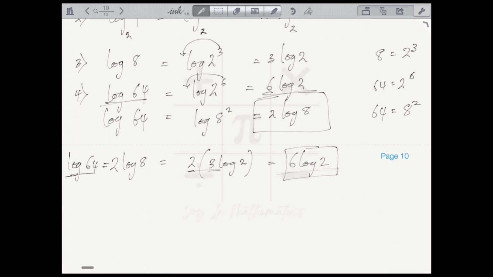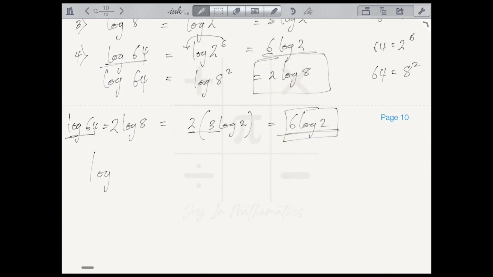Alright, so what if we don't have an expression for log 8 at the instant? Let's go over it again. Log 64 is equal to log 8 squared, and this will give us 2 log 8.